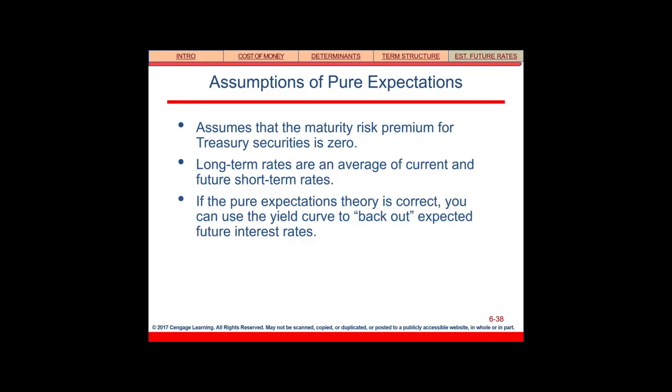So why is that? It's basically saying that, let's take a very simple example, where for long-term we just consider the next 2 years. So basically, the yield on the 2-year bond should be equal to the yield on the 1-year bond right now, and the yield on the 1-year bond 1 year from now, right?